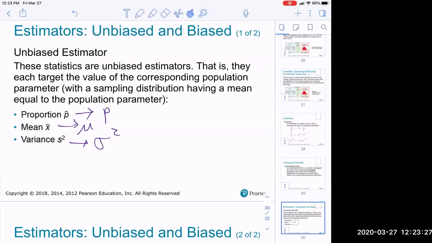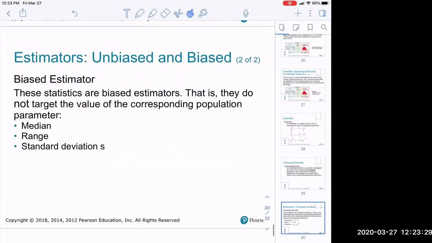Some unbiased estimators are below, median, range, and notice standard deviation. Later on, we're going to do tests of standard deviation, and so we really have to be careful that our population is normally distributed. And we can look at that when we do our samples. But that's for the next chapter. And that's 6.3 in a nutshell.